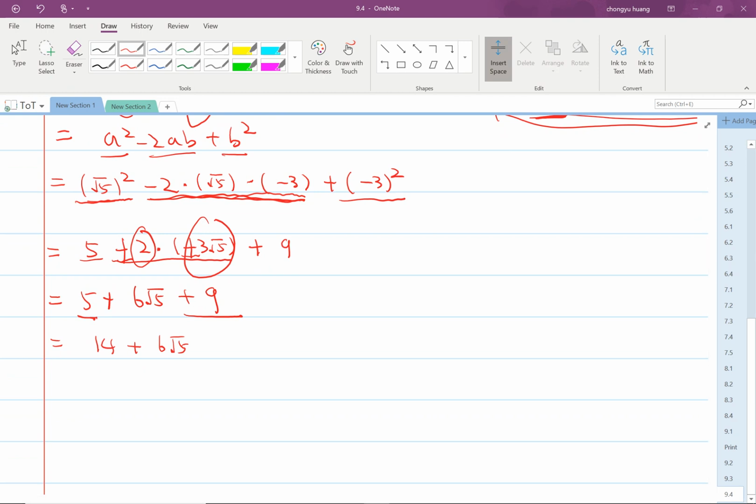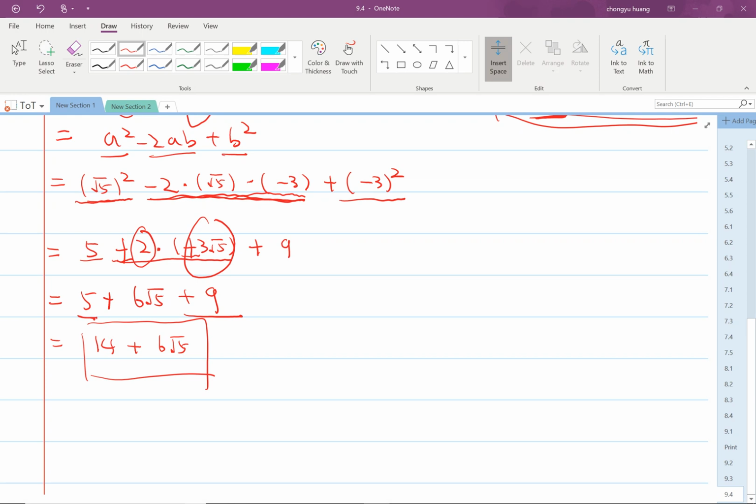There's nothing else. Now take a final look at this solution. Are you able to simplify more? The answer is no. You are not able to do any further calculation on this one, right?